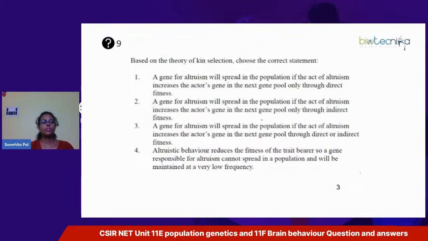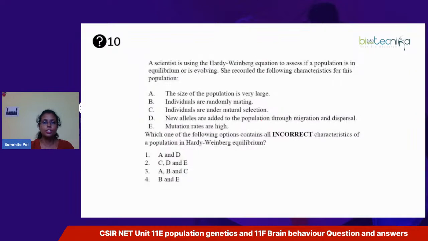Okay, so coming to the last question of today's session. This is a question from population genetics, and it is a very straightforward question on the assumptions of Hardy-Weinberg equilibrium. All you have to know are the assumptions made by Hardy-Weinberg in order to prove its equation correct.